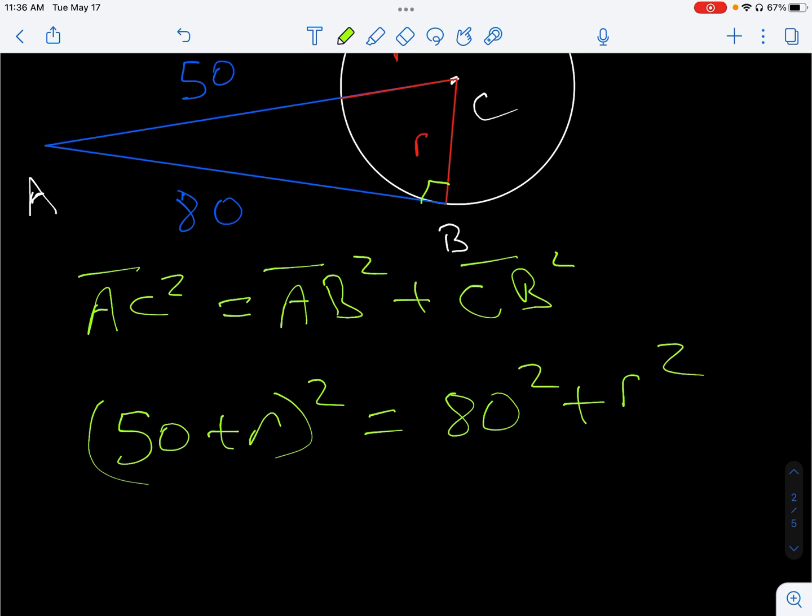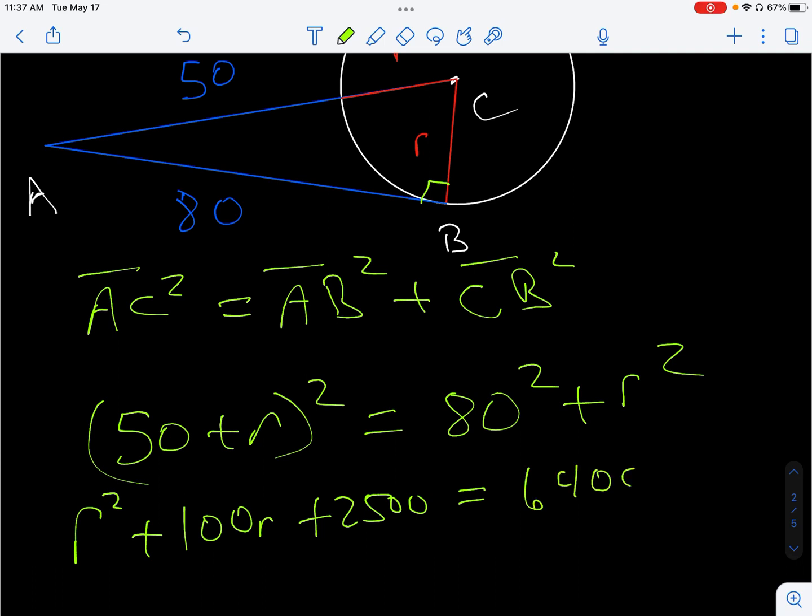And we can go through and do the FOIL method, and we end up with r squared plus 100r plus 2500 equals 6400 plus r squared.